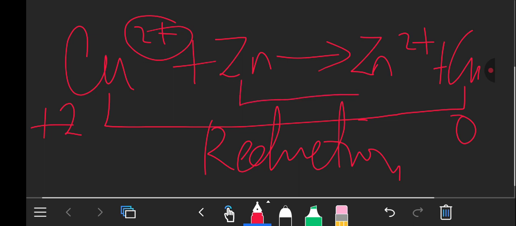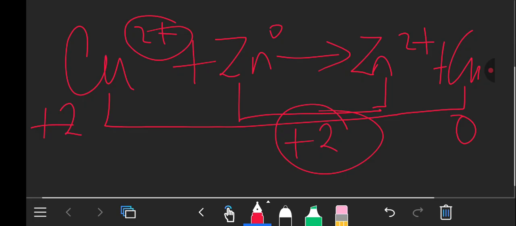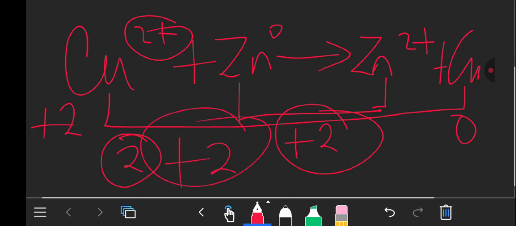Then for zinc, we can say that zinc is increasing in oxidation state. There it was 0, but it has 2+ there. For redox reactions, you always write the oxidation state with a sign in front. If the answer is 2, you can't say it's 2, you say +2, to symbolize that we are talking about oxidation states.